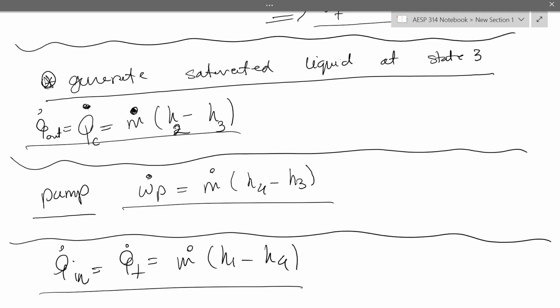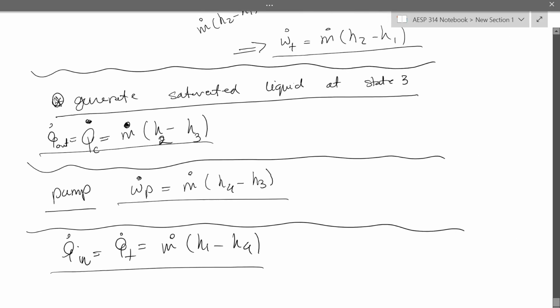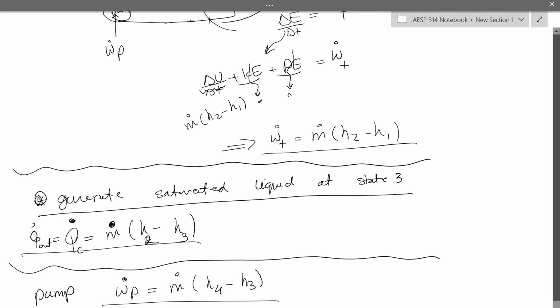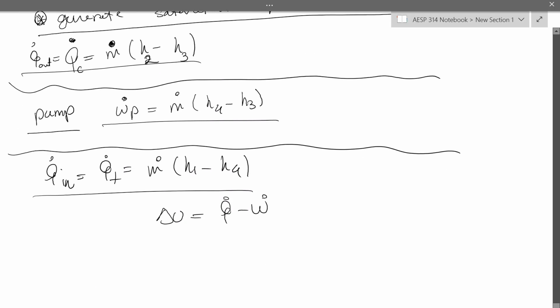Yes? Well, I'd be confused on the orientation of the H's. Okay. So why is it 2, 3 in that case? Would it be 3, 2 like we had originally? Okay, so we have delta U. Delta U is equal to Q dot minus W dot, right? Yeah, that's the correct convention, right?